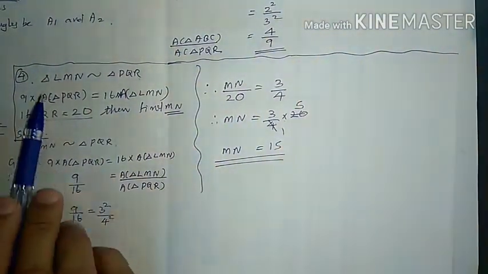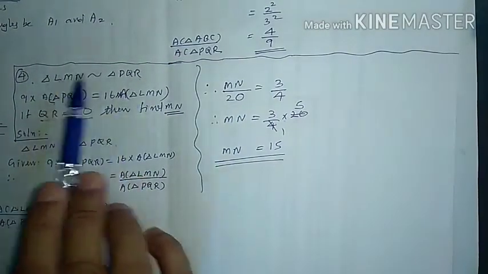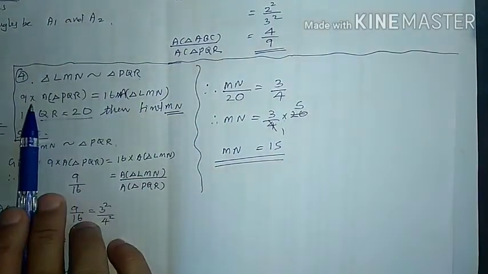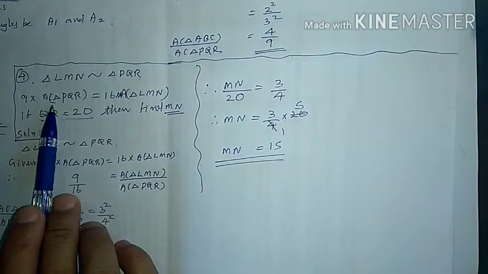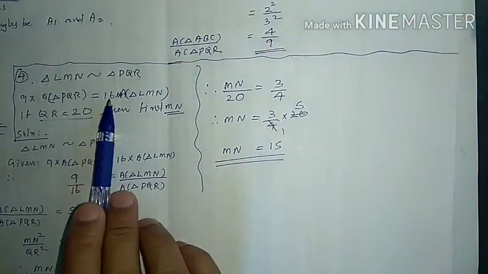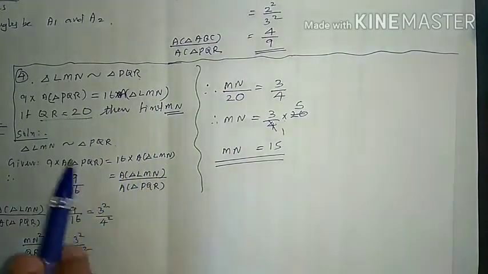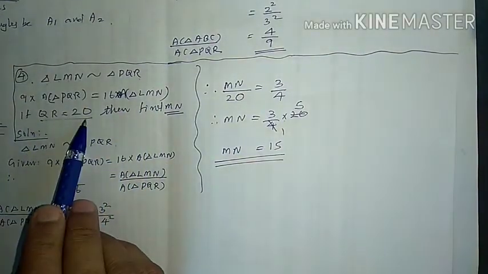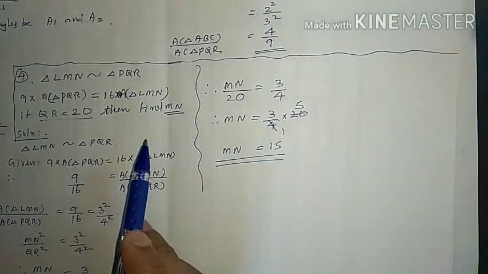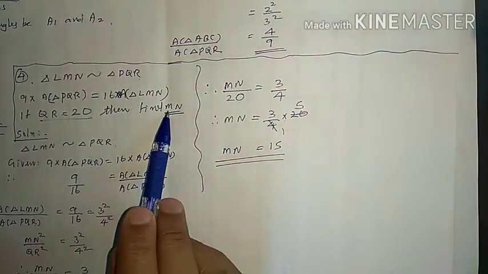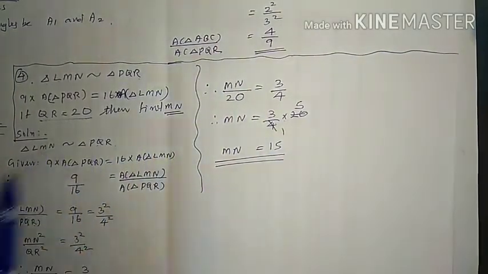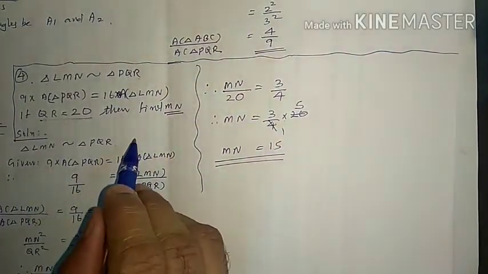Question number 4 says what? These two triangles are similar. Also given this way, 9 into area of triangle PQR equal to 16 into area of triangle LMN. Given QR is 20. To find MN, we have to find out length of MN. These two triangles are similar. This is given.